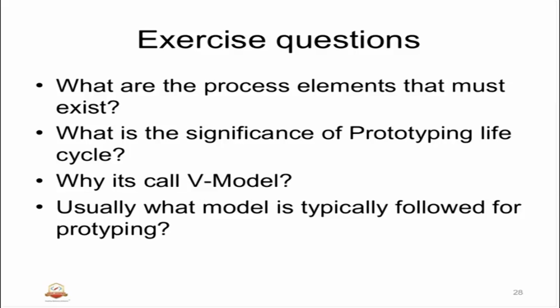The next question is, what is the significance of the prototyping life cycle? Why do we need a prototyping life cycle? And the V model, why is it called the V model? Usually, what model is typically followed for prototyping? What model do we use for prototyping in embedded system development or testing?